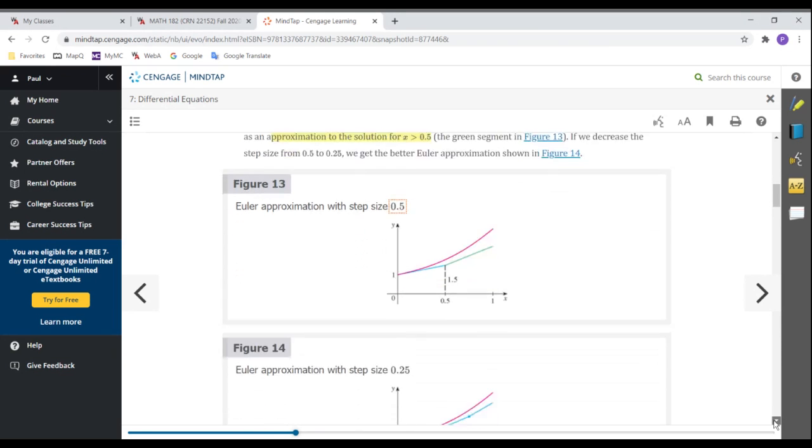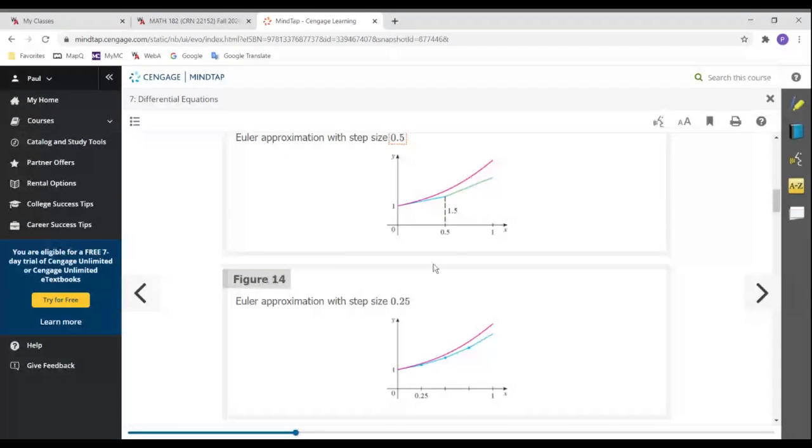You can continue, and you can adjust your step size too. There in figure 13, we used a step size of a half, but we can adjust the step size to 0.25. For a step size of a half, when x goes from 0 to 1, how many line segments are there?